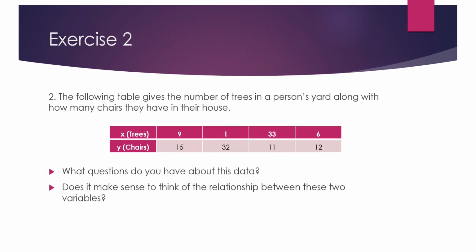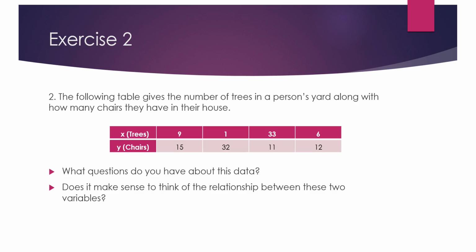So a person could live in a house in a city. They could live in a house that's on a big ranch. They could live in a house in the middle of the forest. So are these people all in the same urban, rural setting? Or some are in the city, some in the country? Are they in the same region of the United States?